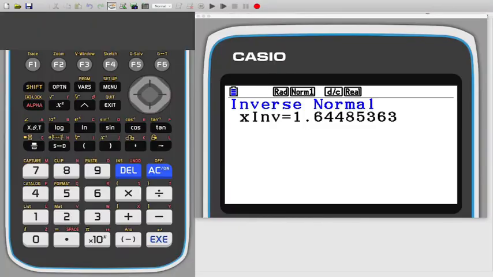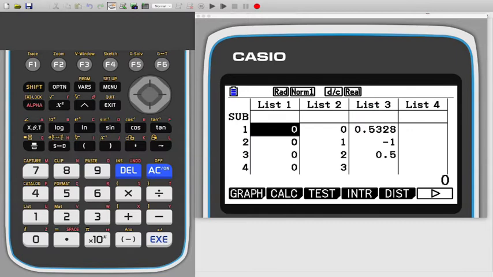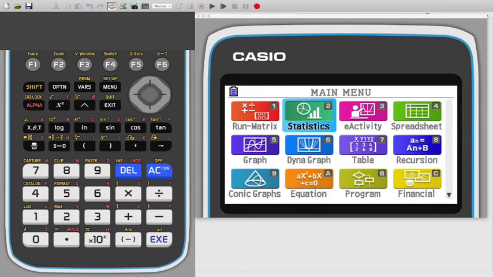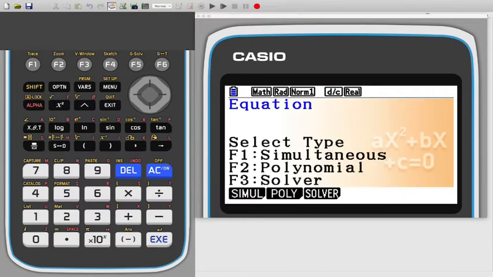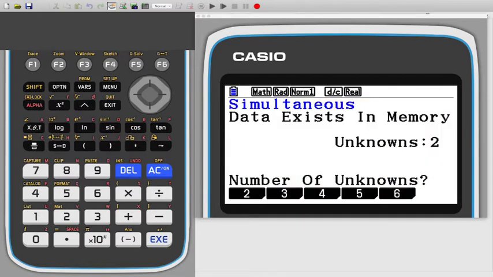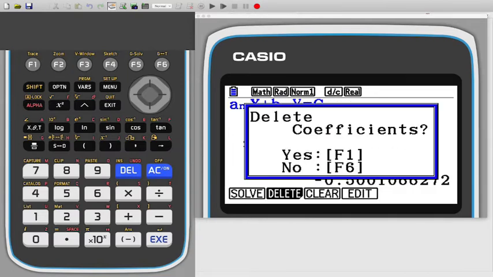And then we need to go to the equation solver, or you can solve them manually. So going to the equation solver, we press menu, and we want to go down to equation, enter. We want to select F1 for simultaneous. There's data in the memory, so we'll delete any data that's there already.